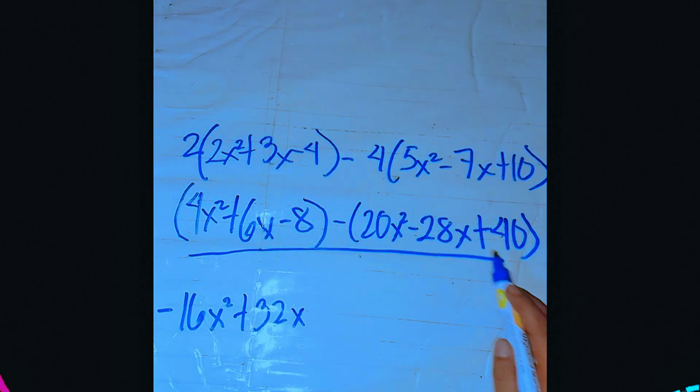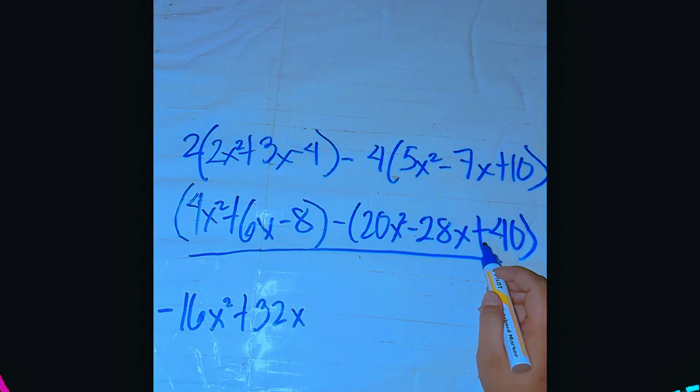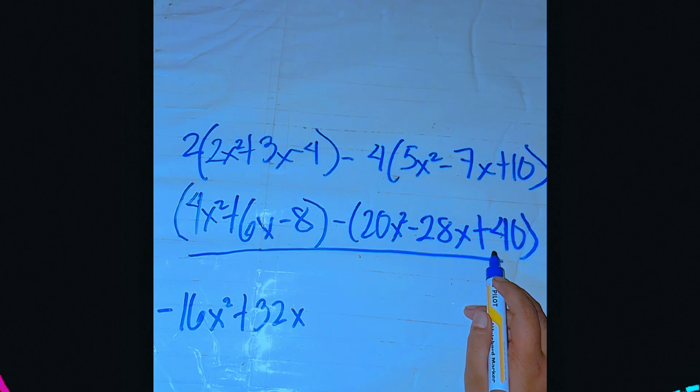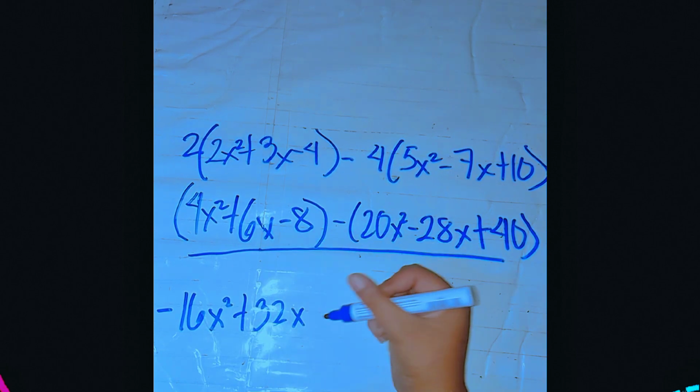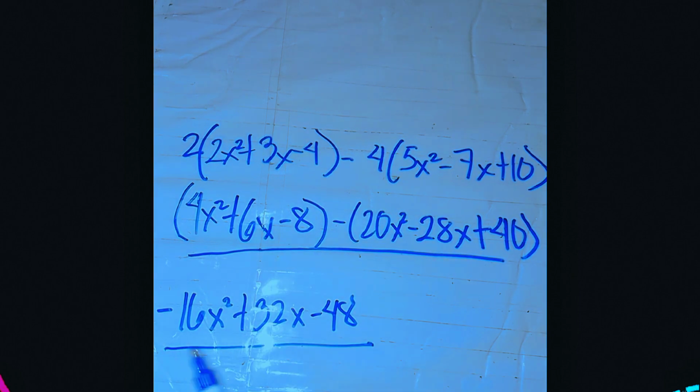Negative 8 minus positive 40 is equal to, this will turn to negative because positive times negative is equal to negative. So, negative 40 and negative 8 is equal to negative 48. There you have it. Negative 16x squared plus 32x minus 48.